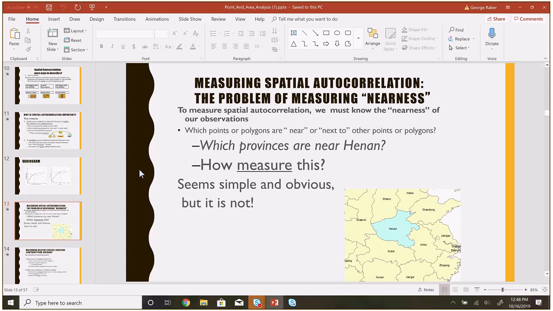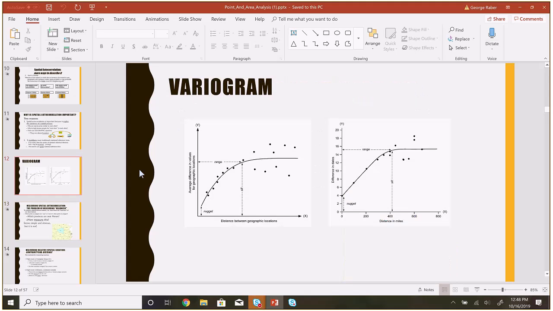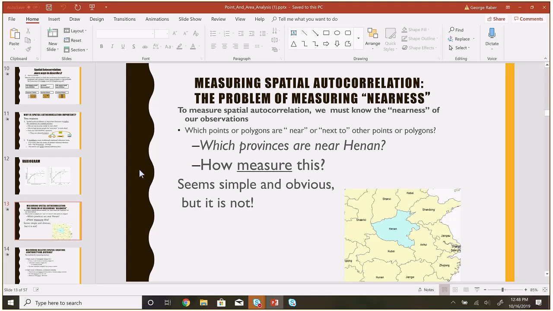So oftentimes when we go to measure spatial autocorrelation and come up with are these things related, we could look at the variogram first, and then use that to determine what near is, because in some of these measures of spatial autocorrelation, we need to specify what a neighbor is.